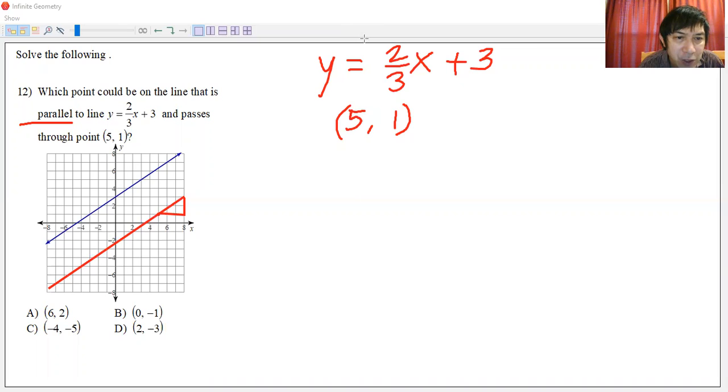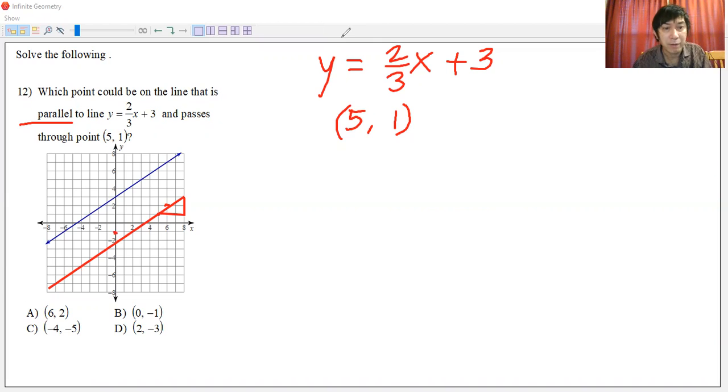Where is 6, 2? All right, 6, 2 is not on the red line. It's above. So if you're going to observe it, 6, 2 is letter A. It looks like somewhere up there. That's where 6, 2 is. How about 0, -1? 0, -1 is just below the origin.